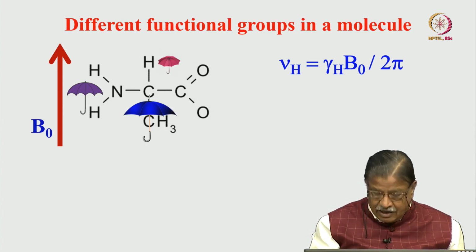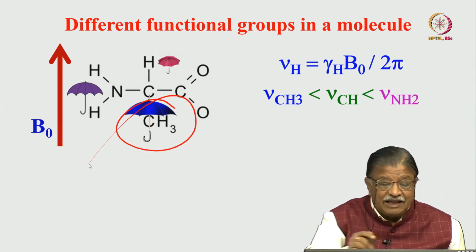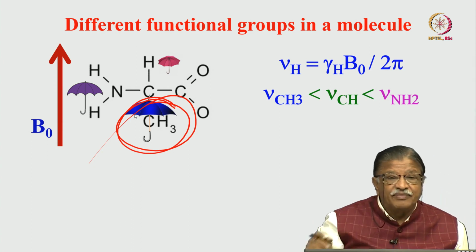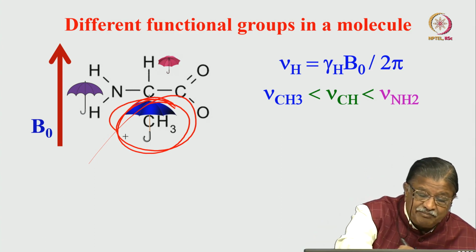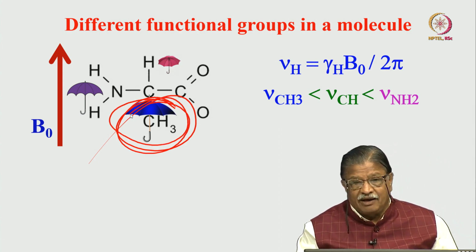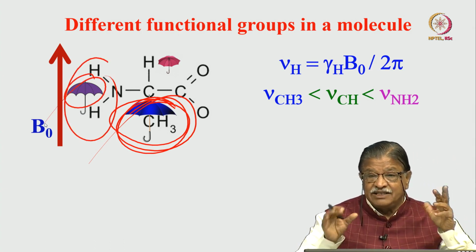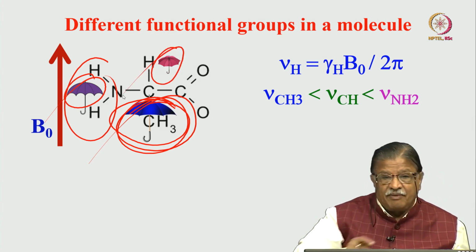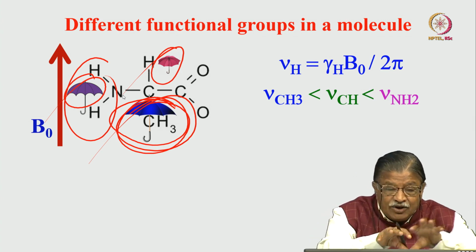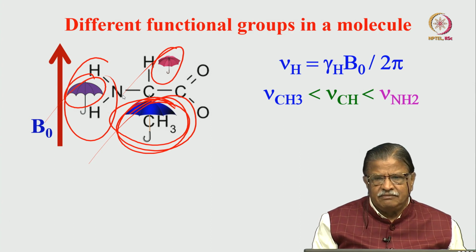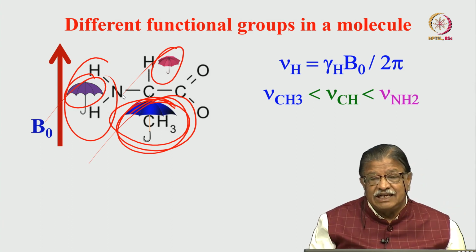If you use that knowledge, now you see CH3 has 3 protons surrounding it, and the charge distribution at the site is much larger. Now, the shielding is bigger. I have deliberately put a bigger umbrella. Look at this one for NH2 protons, I have put a different umbrella here, the size of the umbrella is different. Look at this, the size of the umbrella is even smaller. So, that means the shielding is different. The field induced at the 3 different sites is different, a very small difference, but there is some significant difference.